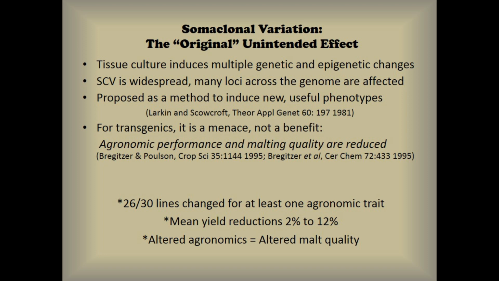And just to highlight a couple of them, from these studies that we looked at the performance of the barley lines in, we saw that 26 of the 30 lines that were studied, and these lines came from 6 different cultivars, 26 of the 30 lines were changed for at least one agronomic trait. Mean yield reductions were seen of 2 to 12%, which some of you might not think of as being all that negative, but really it's in the wrong direction.